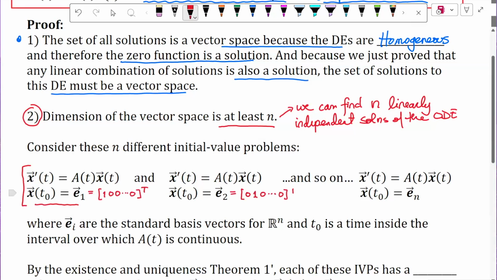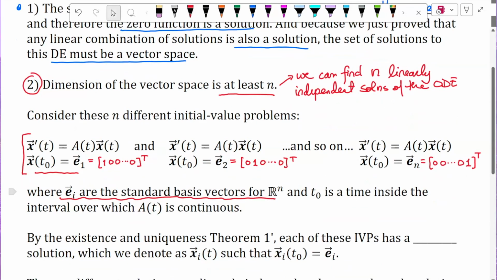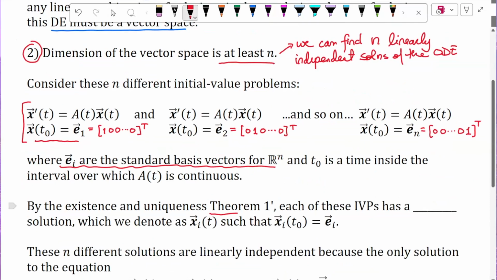And in each case, we're going to let the initial value be one of our standard basis vectors. So by the existence and uniqueness theorem that we saw on the previous page, each one of these initial value problems has a unique solution. And we're going to denote that solution x sub i, where x sub i at the initial time is its associated standard basis vector that was specified in our initial setup.